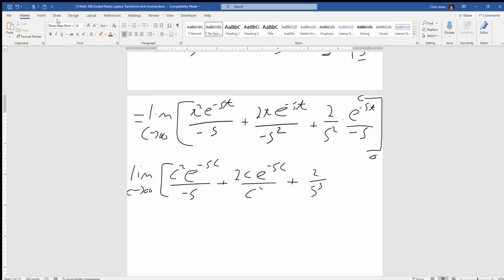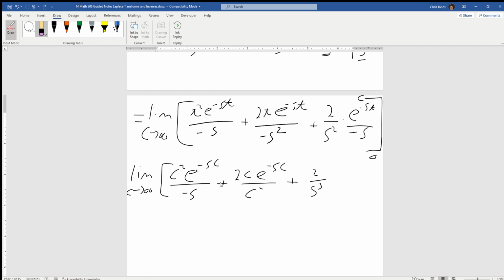And there should be a minus in the previous as well, sign error. So this is a minus, this is a minus. And minus, minus. And we're going to have this e to the minus sc one more time.